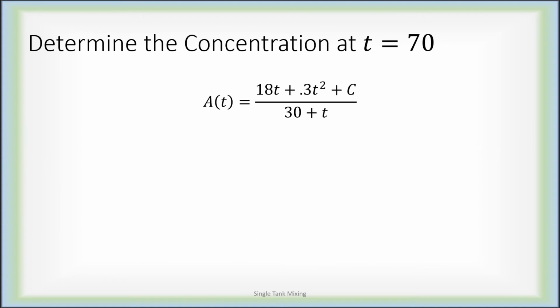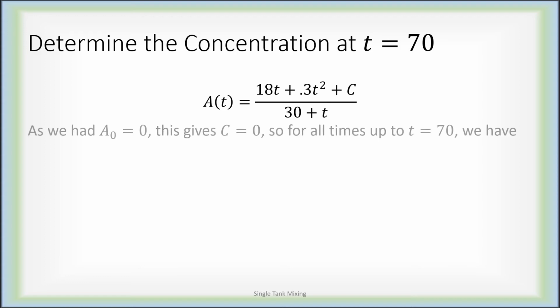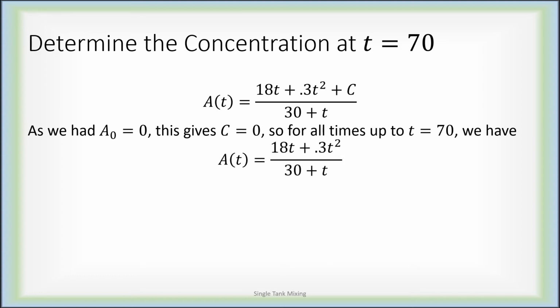Here was our solution from time t equals 0 to time t equals 70, but we do have an initial condition. At time t equals 0, the initial amount of substance in the tank is 0. Replacing t equals 0 is pretty easy. We just get c over 30 equals 0. Therefore, c is actually 0. This simplifies things a little bit. For times t up to 70, we have a of t is this equation right here.